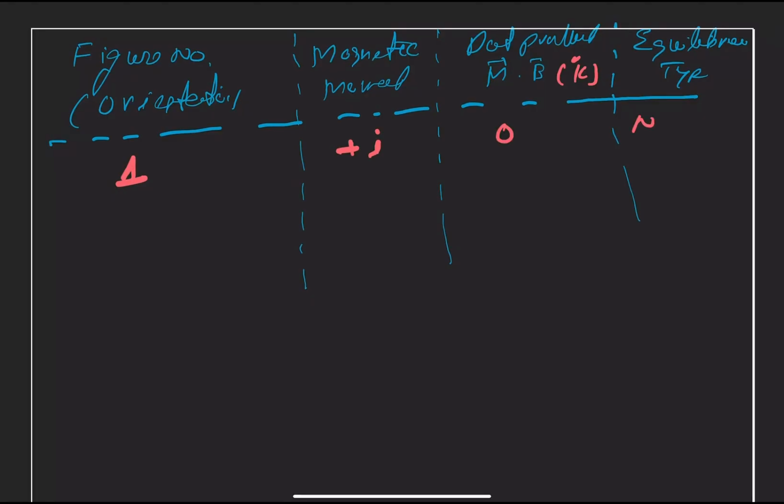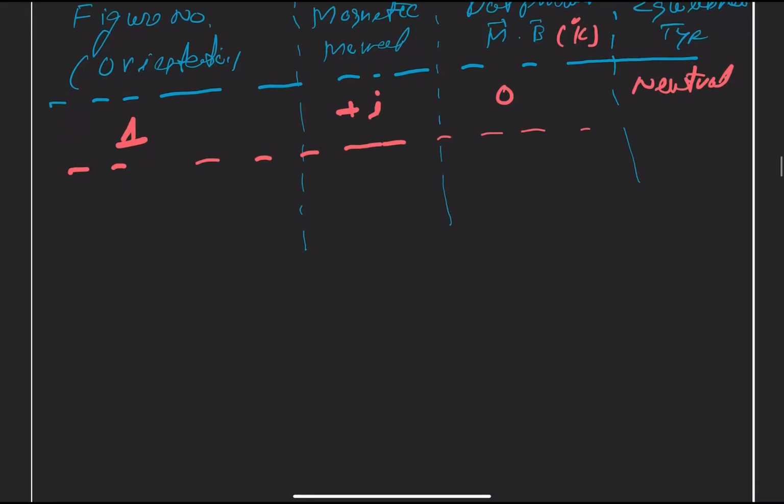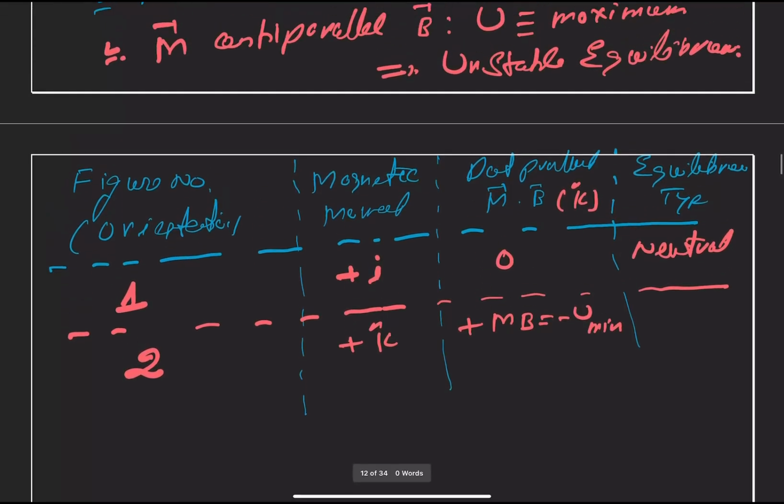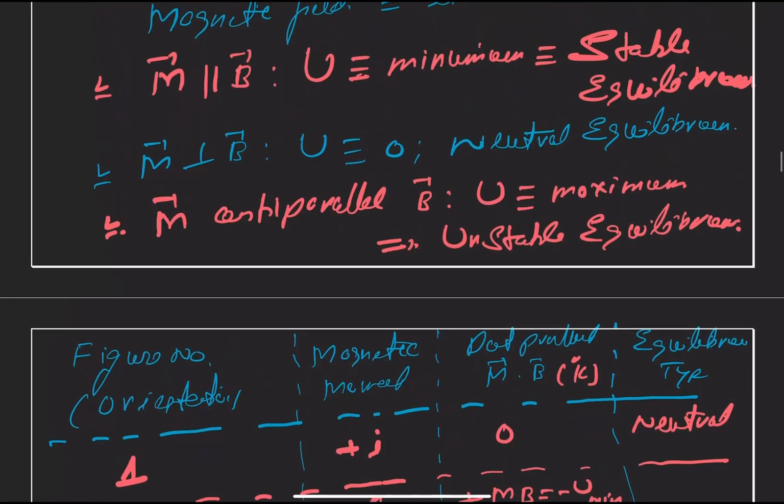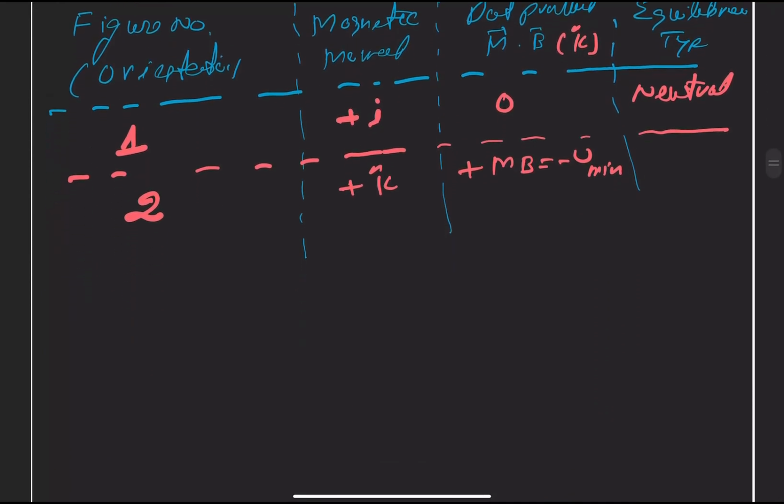So it means it is neutral. In the second, the magnetic moment is along plus k, and the magnetic field is always in plus k. So the dot product gives us plus MB. So it means we have U as minimum, and like I said, when U is minimum, we have stable equilibrium.